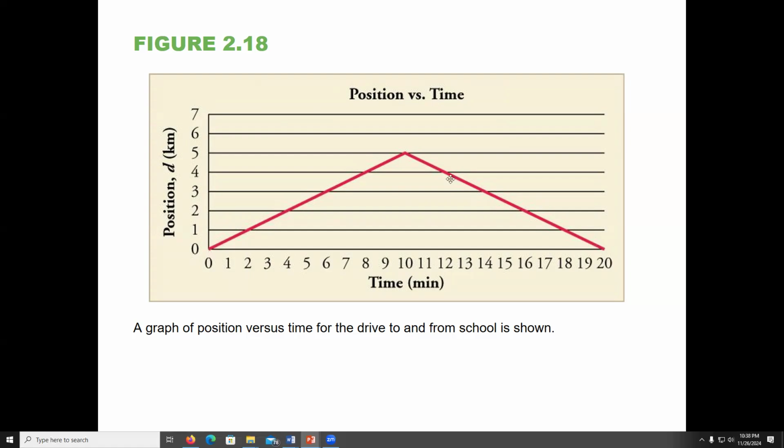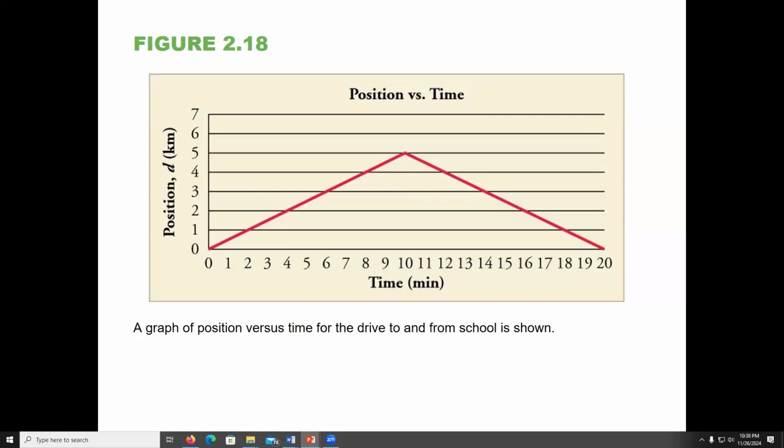Just by looking at this graph, you should be able to tell that. Now, position. You should be able to tell that the highest distance we covered was about 5 kilometers, because the graph ends at 5. It didn't go up to 6 or 7, it didn't end at 4 or 3, it ended at 5. So we covered a distance of 5 kilometers.